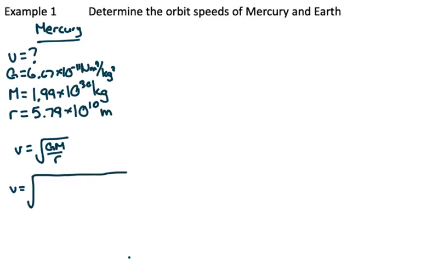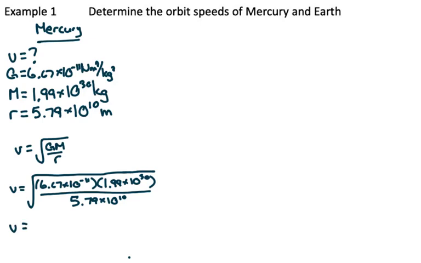Substituting in, G 6.67 times 10 to the minus 11, M 1.99 times 10 to the 30th, R 5.79 times 10 to the 10th, we can do that all in one step, and going to 3 sigs we get 47,900. That's the speed, which is measured in meters per second.